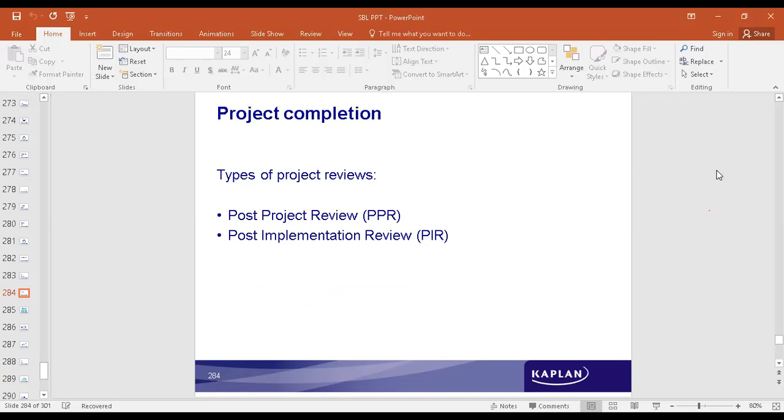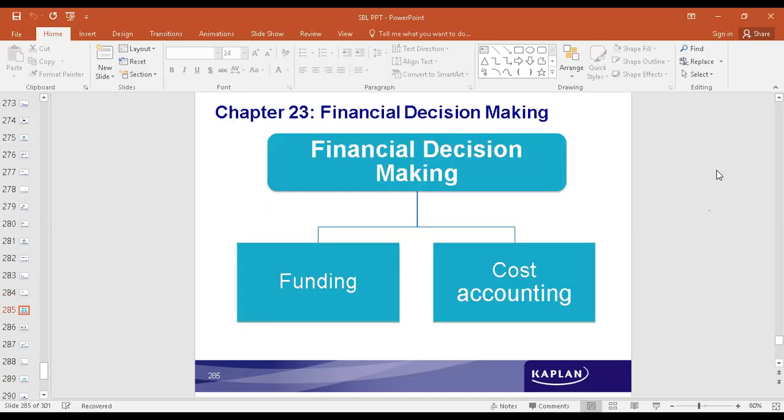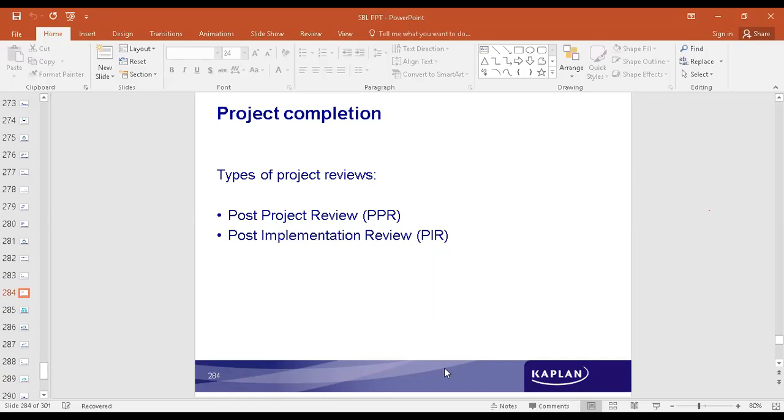The completion, project completion: what are the different types of reviews? We don't have any kind of plan graphically to be prepared, but theoretically, what's the concept about post project review, post implementation review? That has to be taken up during the project, at the time of plans that are to be prepared.